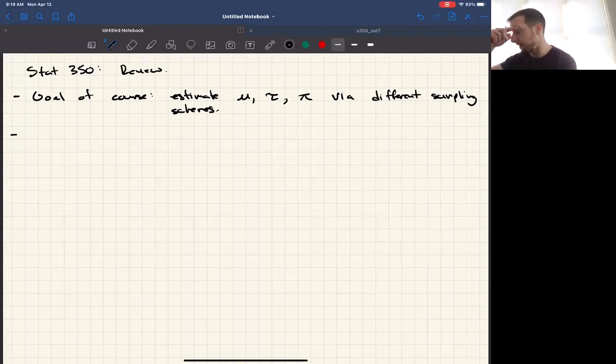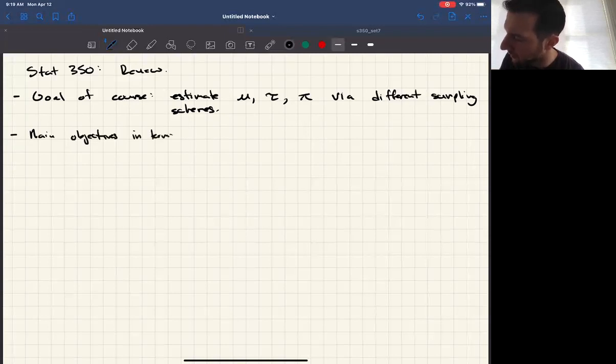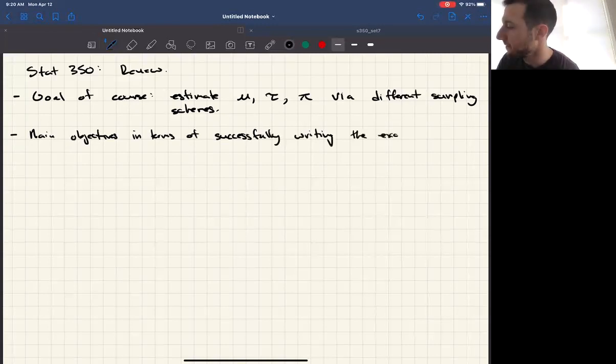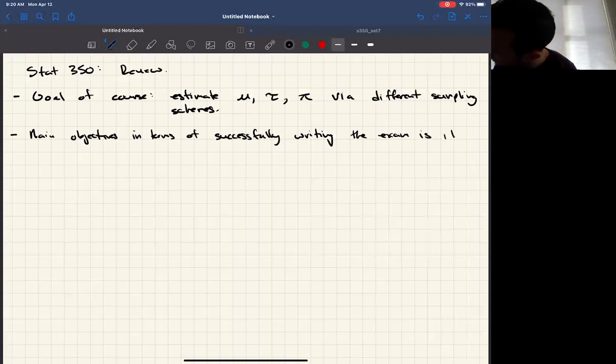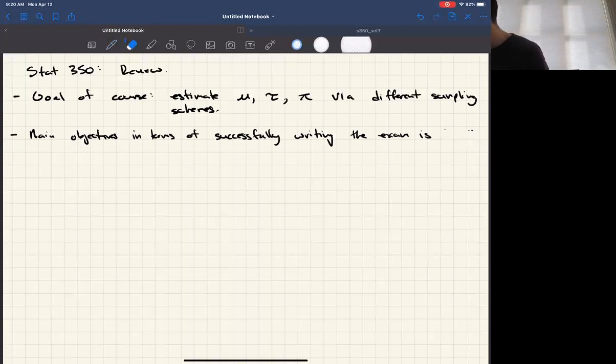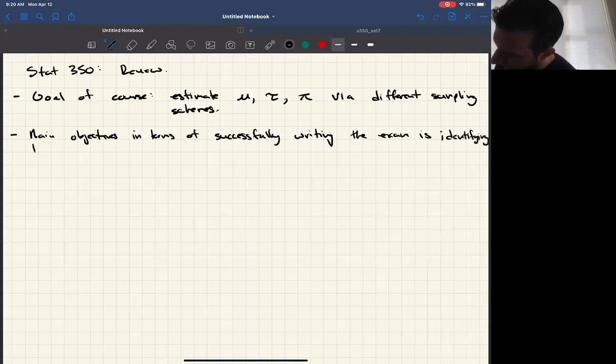Okay, so with that being said, one of the main objectives in terms of successfully writing the exam is identifying the sampling scheme.